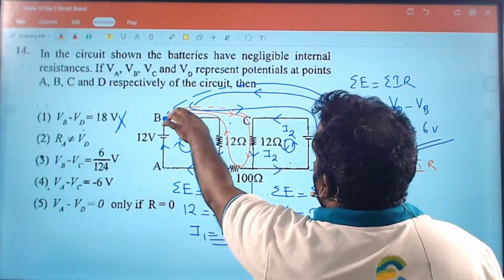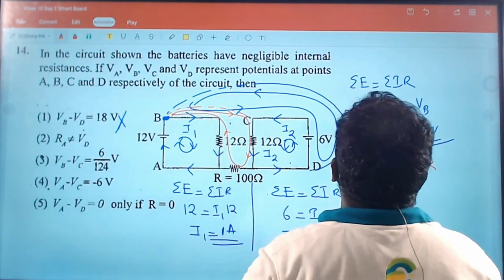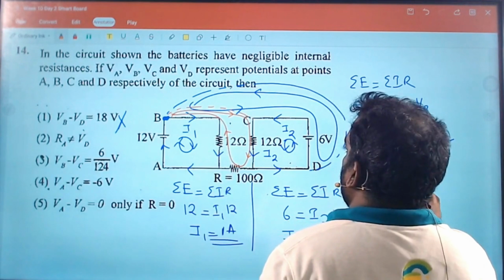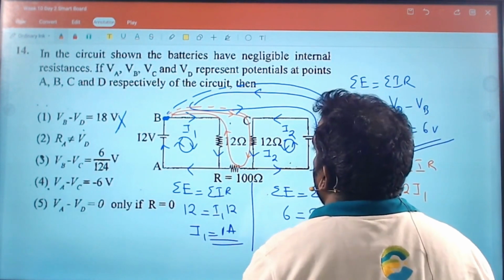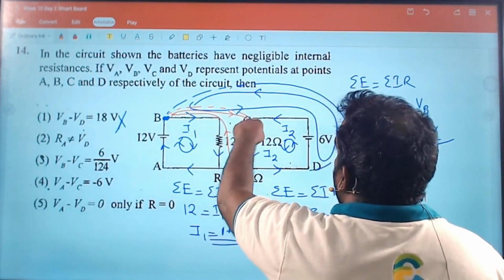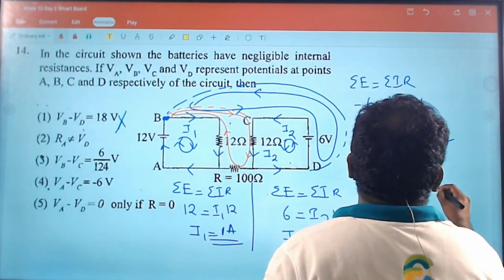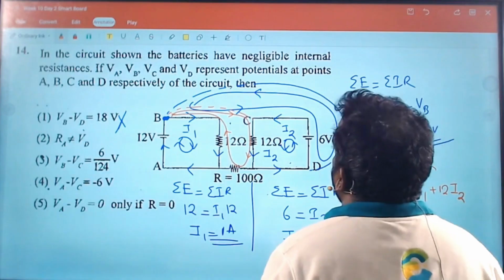Do I have a battery in this loop? No. Loop direction, current direction opposite. 12 times I1. Here nothing. Loop direction, current direction same. 12 times I2.